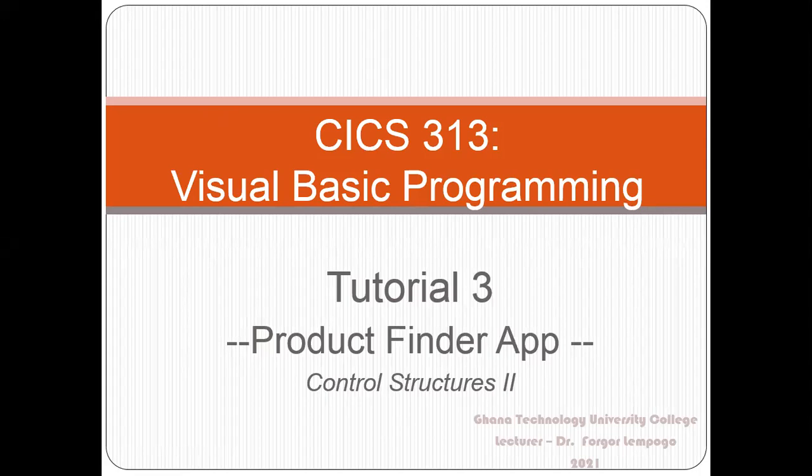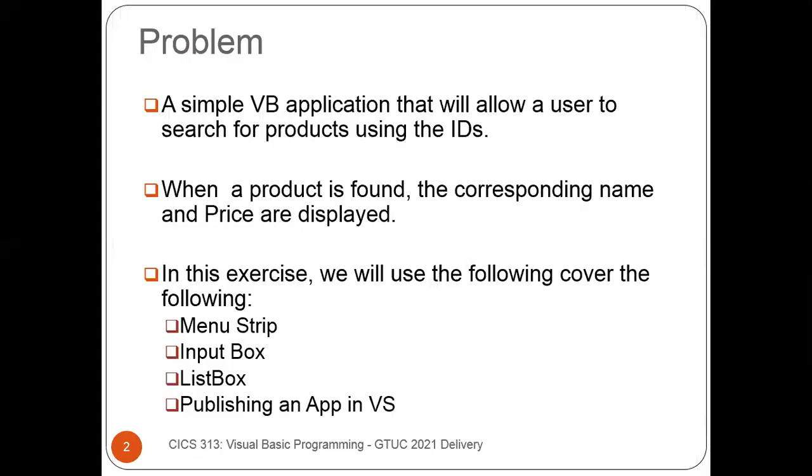Now, the Product Finder app is basically a simple VB application that allows a user to search for products using the product IDs, right? So when a product is found, the corresponding name and price of that product are displayed. So in doing this, we would use certain controls and functions.